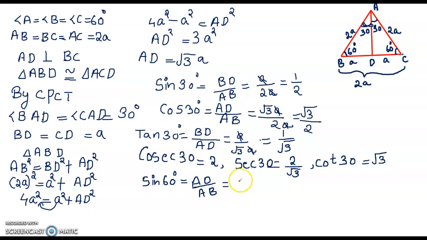AD is root 3 a, divided by AB, which is 2a. Cancelling these a's, I got the value of sine 60 as root 3 by 2.